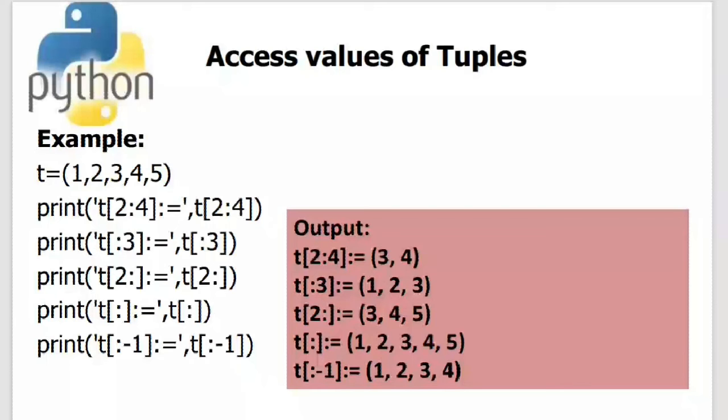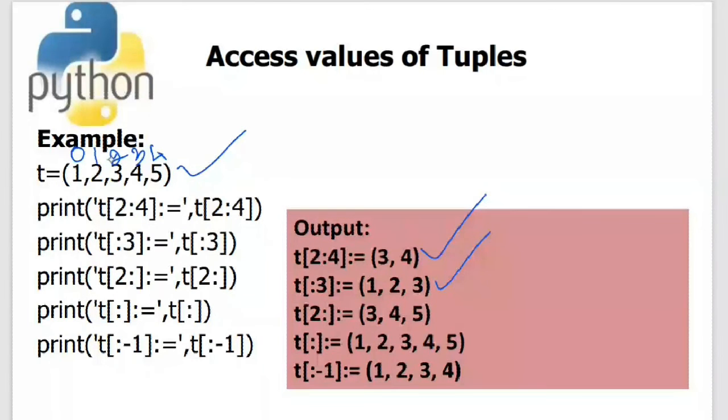Okay, fine. Now what did I do? I have taken a tuple over here. These are the values that I have got. 1 is at index 0, 2 is at index 1, 3 is at index 2, 4 is at index 3, and 5 is at index 4. For the substring from 2 to 4, it will be 4 minus 1, so I'll be getting 3 and 4.